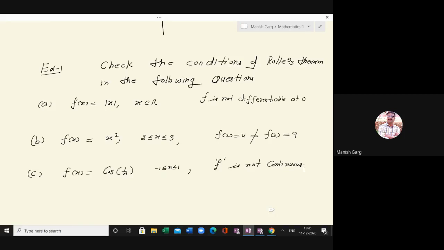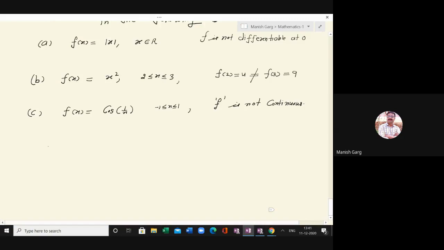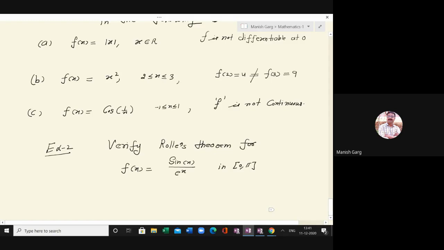You can write this statement. Now, let us do one more example. Verify Rolle's theorem for f(x) equals sin x over e^x in [0, pi].